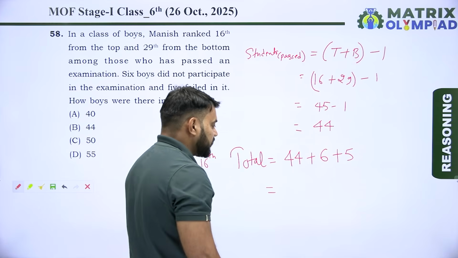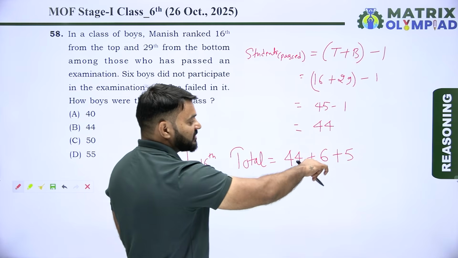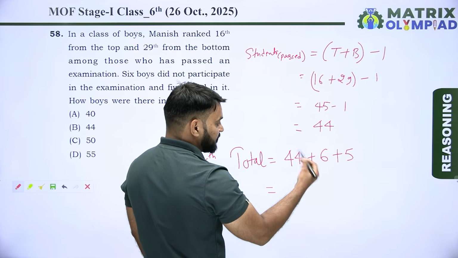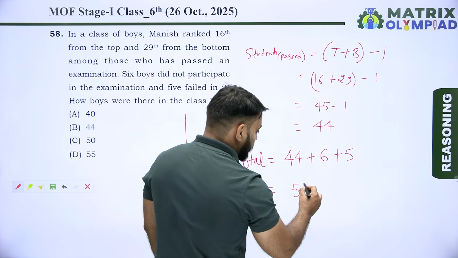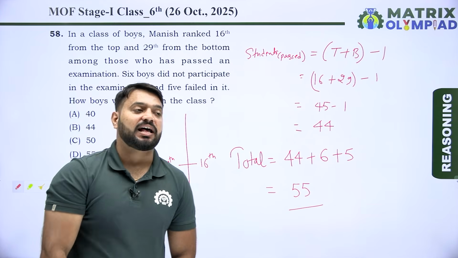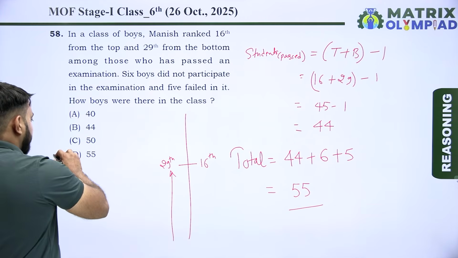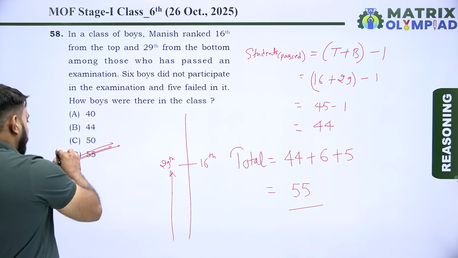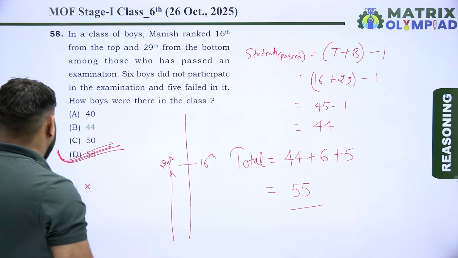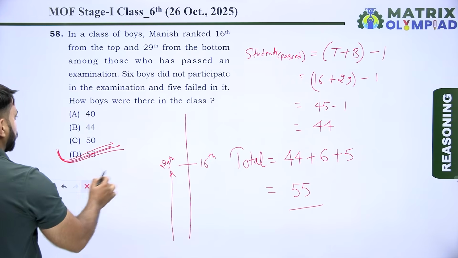So total number of students is equal to 44 plus 6 plus 5. 44 plus 6 means 50, plus 5 means 55. So there are 55 students in this class. So option D is the correct answer of this question, because there are 55 students in this class. Let's move on to the next question.